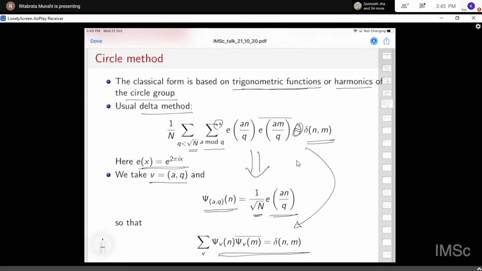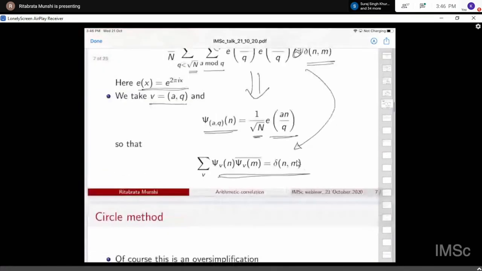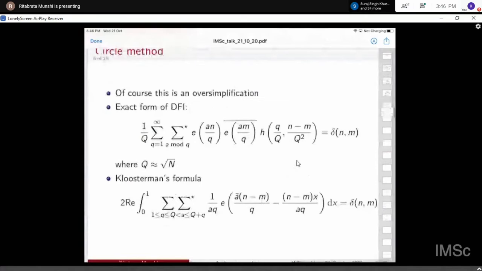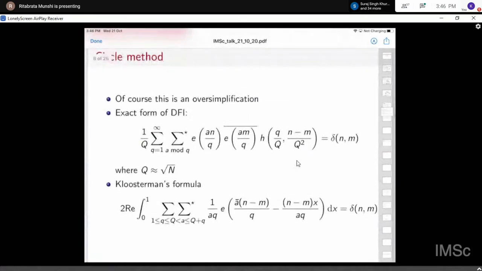So the circle method is a natural source, or actually a way of getting, an orthonormal basis of the space. Now, this is the real formula due to Duke, Friedlander, and Iwaniec. On the previous slide I just wrote this part, so there will be some analytic function hanging around with it.